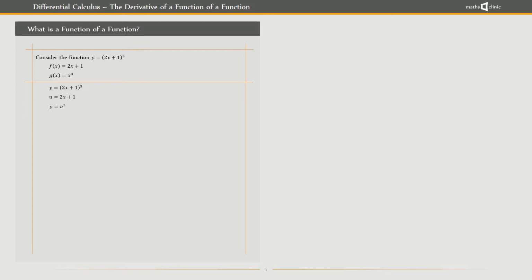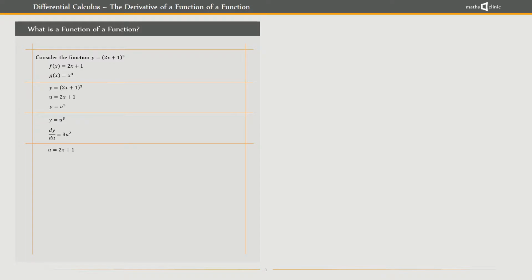If u is 2x plus 1, it will mean that y equals u to the power of 3. Now, if I have y equals u to the power of 3, I can say that dy/du, because I'm going to differentiate y with reference to u, is 3u squared.